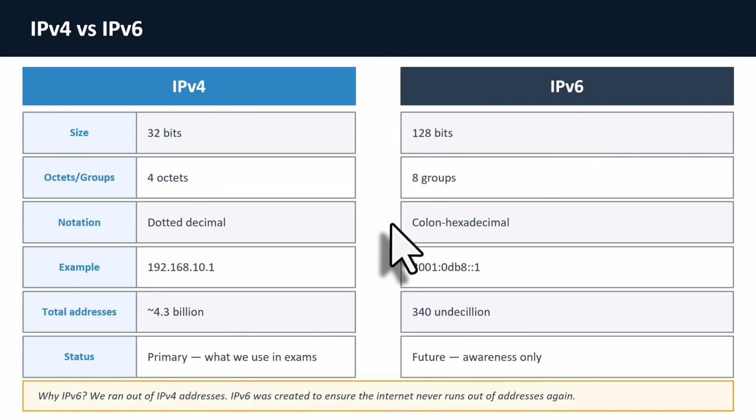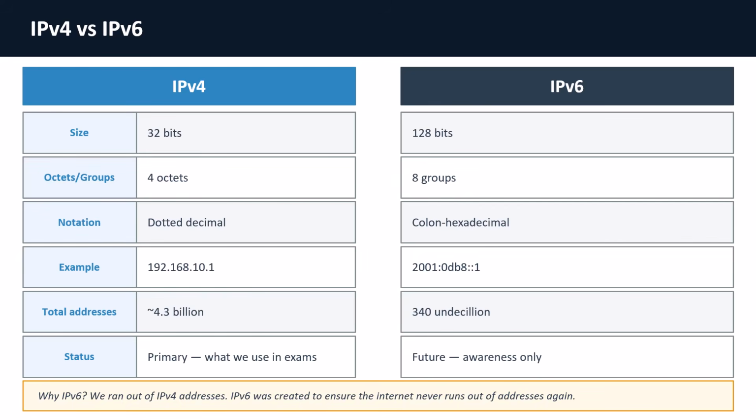Now, sometimes IP addresses are not enough. We have seen that IP version 4 uses a total of 32 bits. This gives us a total of 2 to the power 32 possible addresses. When you compute that, you'll get about 4.3 billion.